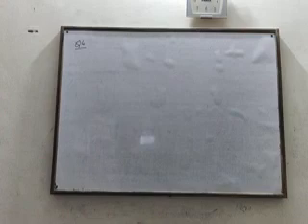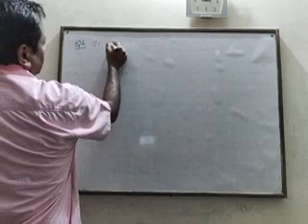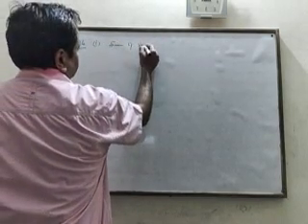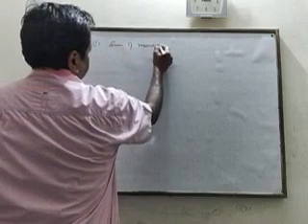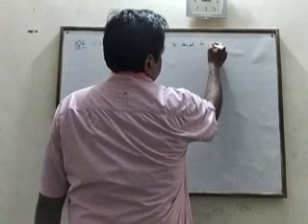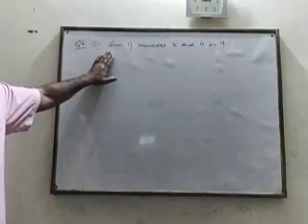Like the first part: the sum of numbers x and 4 is 9. This statement is written in English.